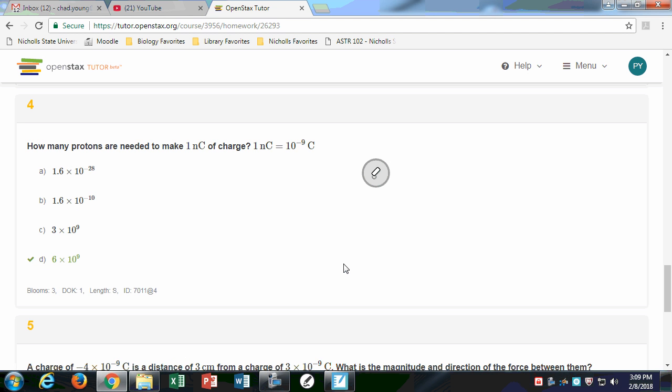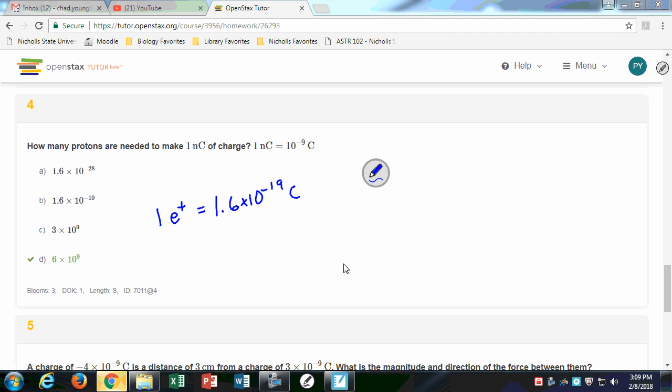Oh, so in this one, you want to know how many protons make up 1 nanocoulomb of charge. A nanocoulomb of charge, that's a whole bunch of protons, right? One proton has a charge of 1.6 times 10 to the minus 19 coulombs. The e plus is a proton.